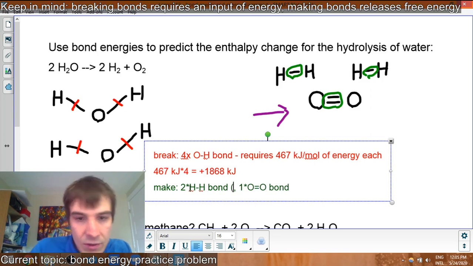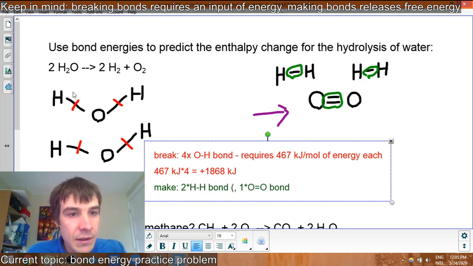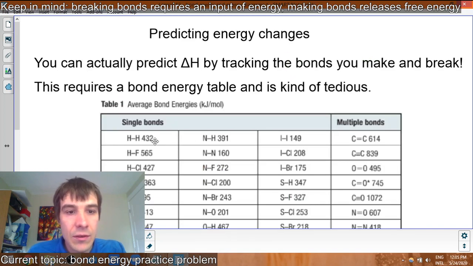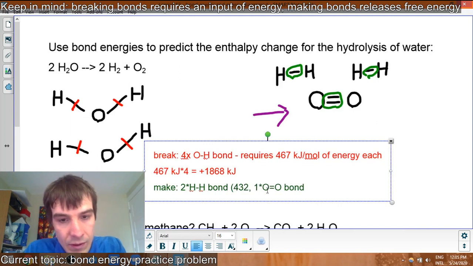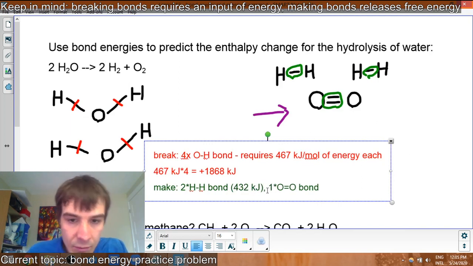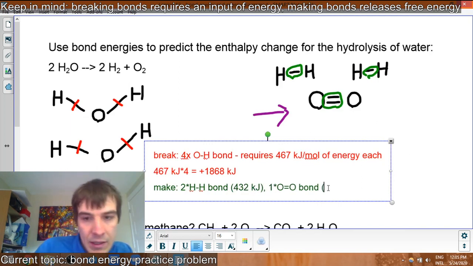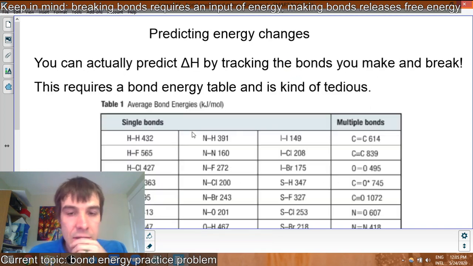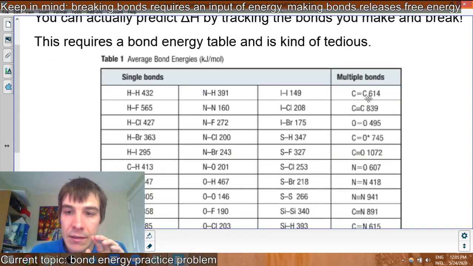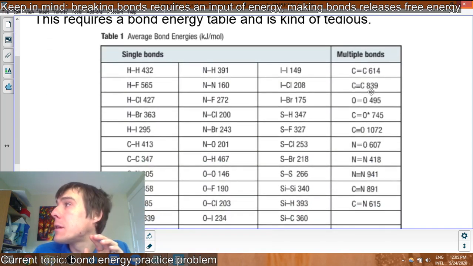So the hydrogen-hydrogen bond, if I go back to my table, is the first one in the table, 432 kilojoules per mole. And we're making an oxygen-oxygen double bond, so it'll be over here on the multiple bonds.